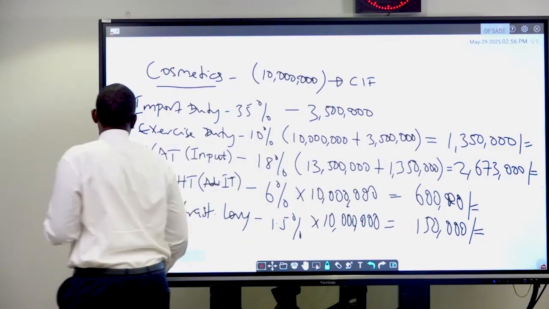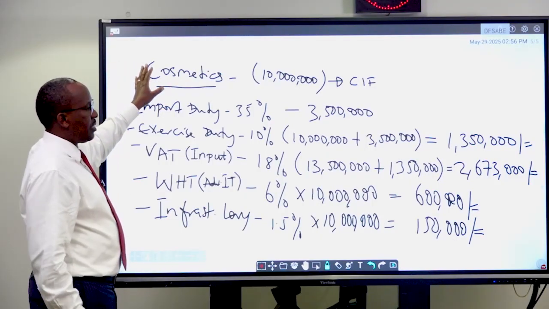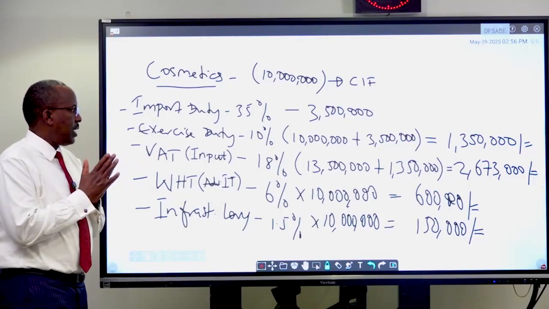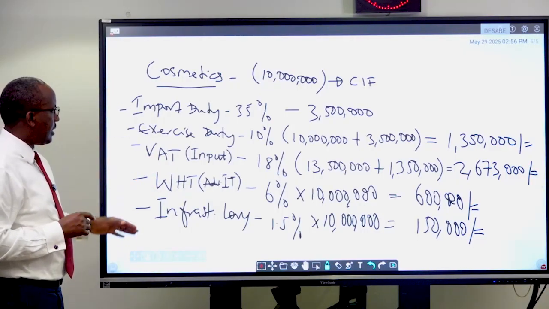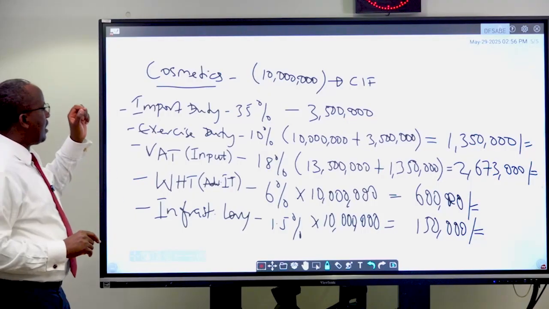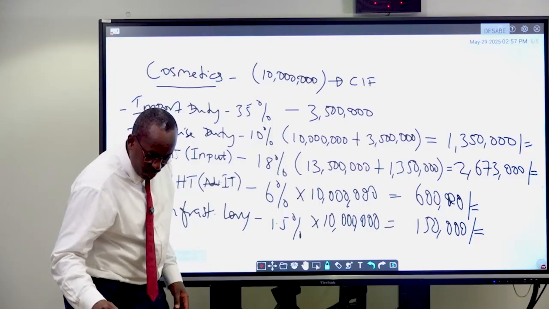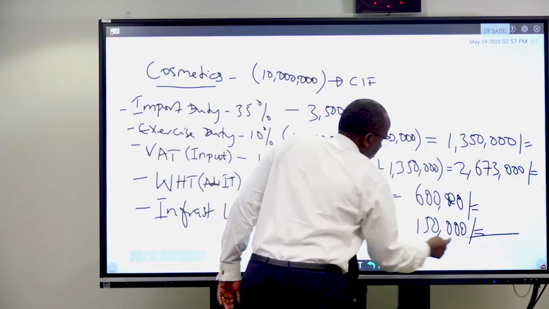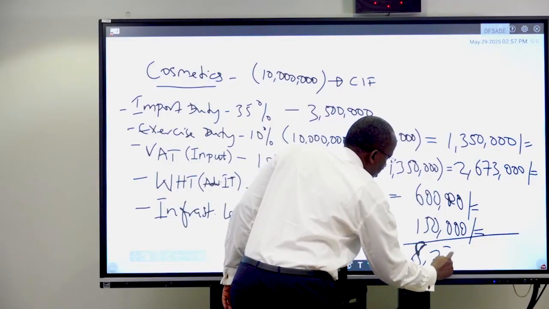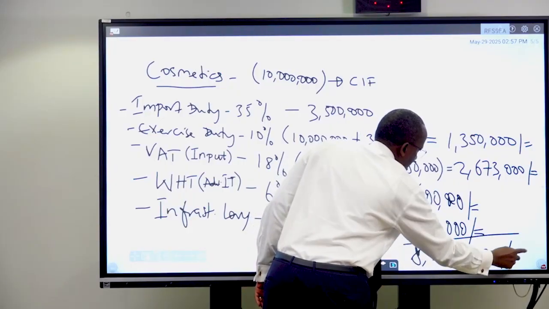So all these are taxes payable on an import like cosmetics, which pays the highest. When an importer is bringing these products in, they will compute all these taxes and pay them to URA. The total of all this comes to about 8.273 million.